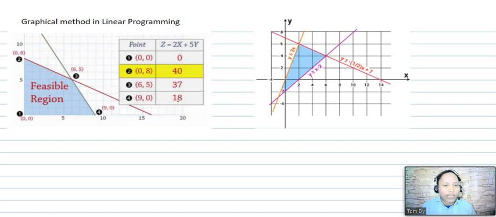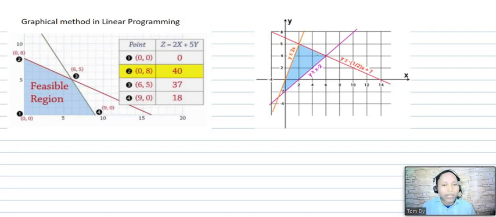And then after we identify the values here for our objective function, we have to identify what will be our maximum value. So if this is our maximum value, then these will be the values of, let's say, x and y that we have in our feasible region as our possible solution.